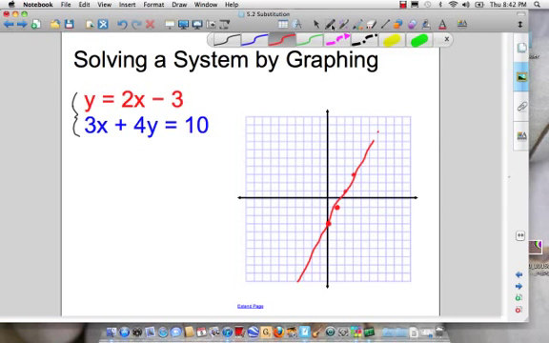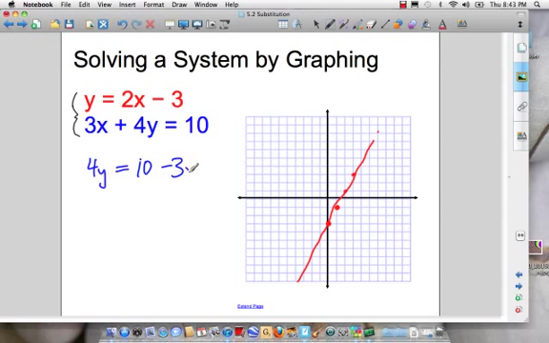Alright, now to graph the other one, we're going to have to put it in slope-intercept form. So let's subtract 3x from both sides, and I get 4y equals 10 minus 3x. Now let's divide both sides by 4, and I get y equals 10 fourths minus 3 fourths x.